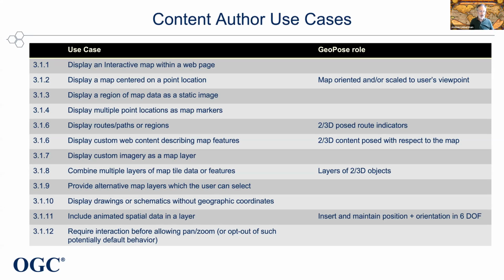Extending that further in time, then the use cases of providing animated spatial data, the animation, for example, of position and orientation can come from a sequence or stream of GeoPose objects that position that, although within a 2D map layer, the 3D position and orientation can be shown. So there are particular use cases here where it seems there's a useful role for GeoPose.